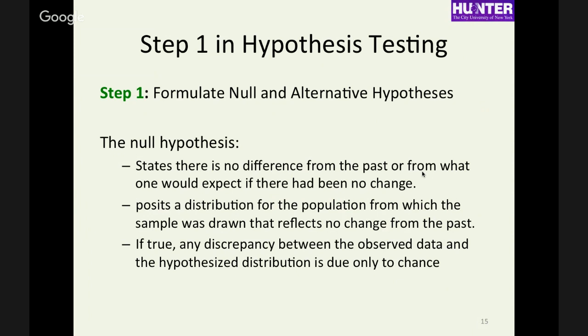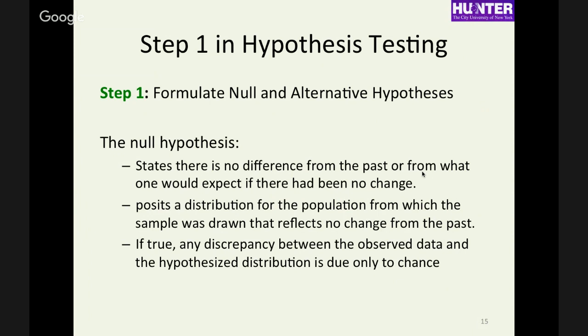So, formulating the null and alternative hypothesis. Again, the null is the no difference. It's the thing that you're going to accept in the absence of sufficient evidence. So that there is no effectiveness of a treatment, that the population you're observing is no different than some other population. That's your null hypothesis.